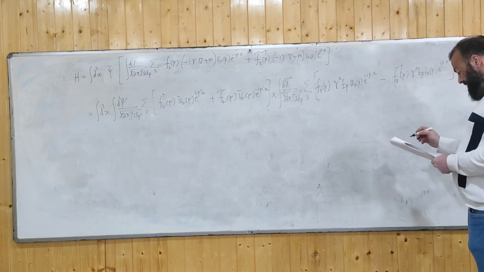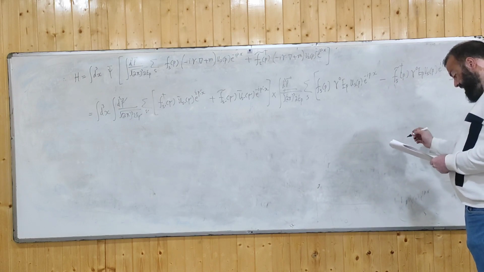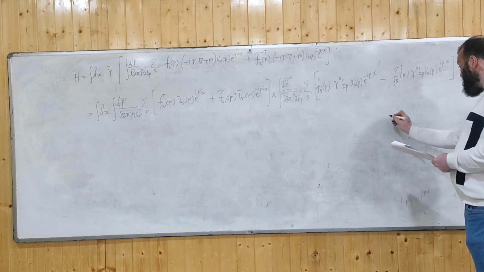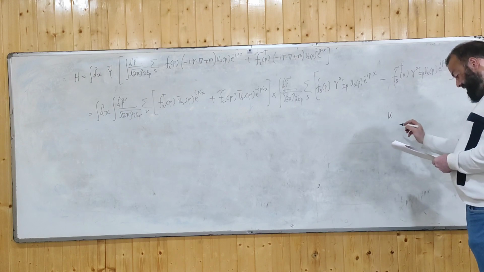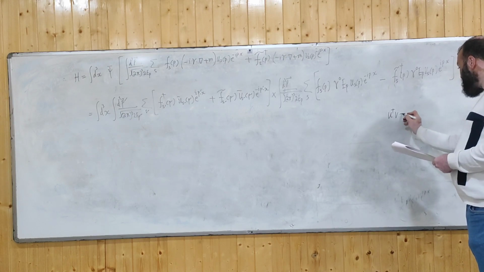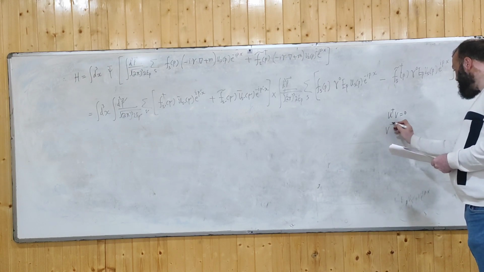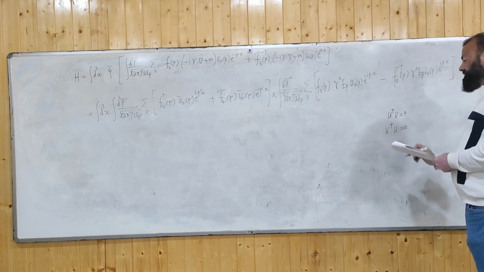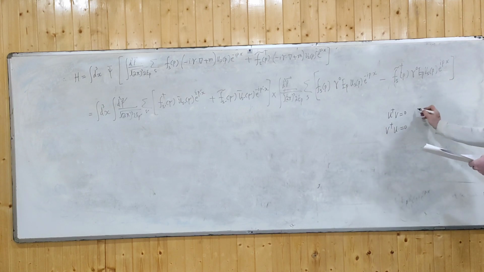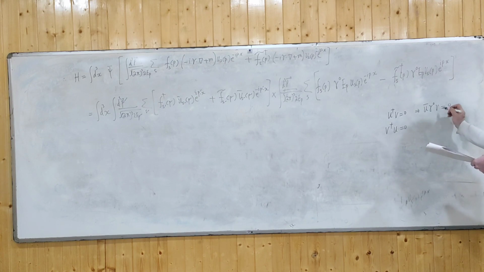Let me write. Let's write u dagger v equal to 0, and v dagger u equal to 0. Clear? So this means if I have u bar gamma naught v, that's equal to 0, because u bar is u dagger gamma naught.